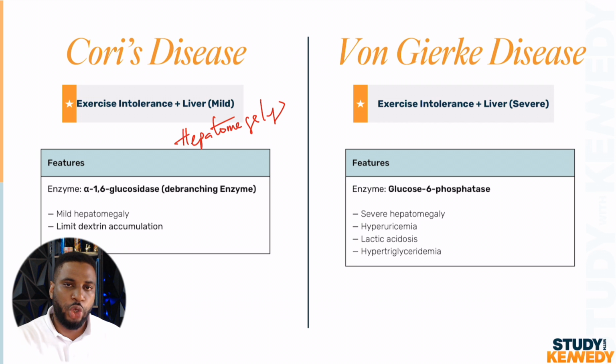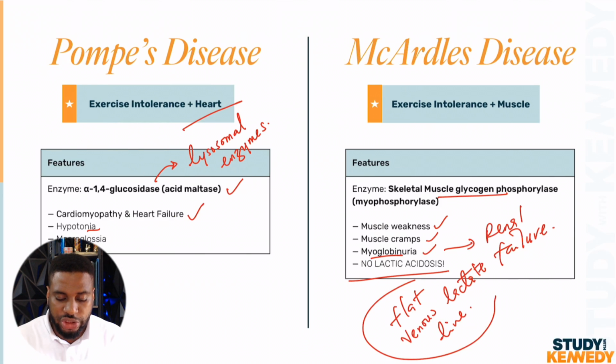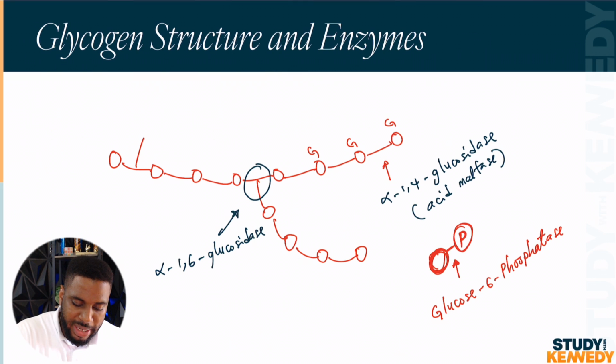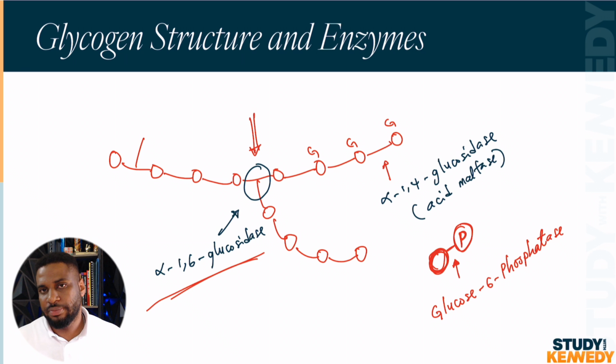Exercise intolerance plus mild hepatomegaly, Cori's disease. In Cori's disease, you have an alpha-1,6 glucosidase deficiency. Do you remember where we had that enzyme? You remember that it was where the glycogen was branching out. When you don't have alpha-1,6 glucosidase, what happens?